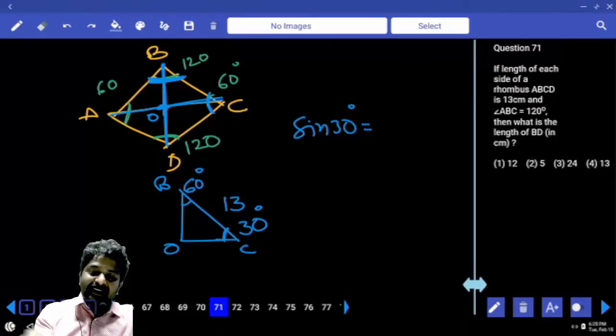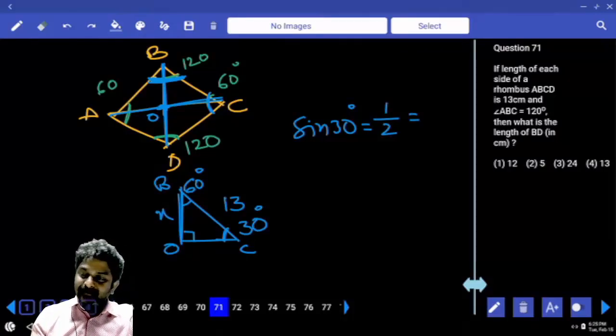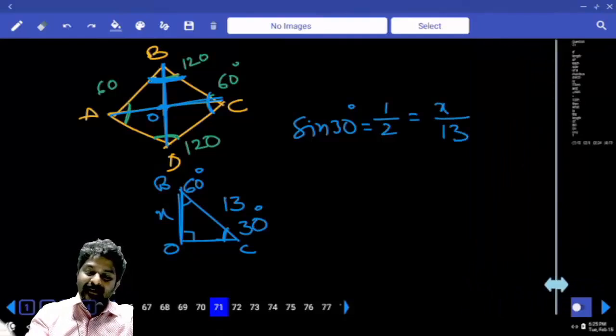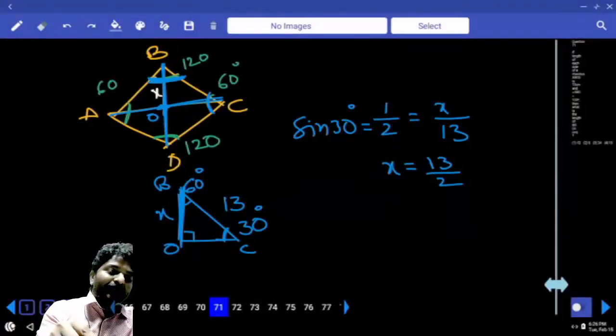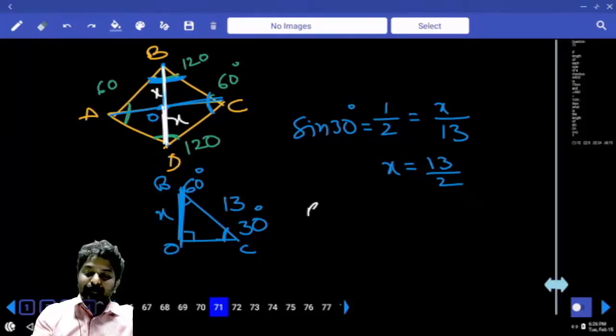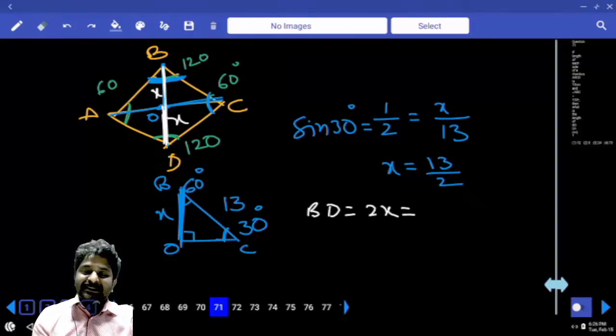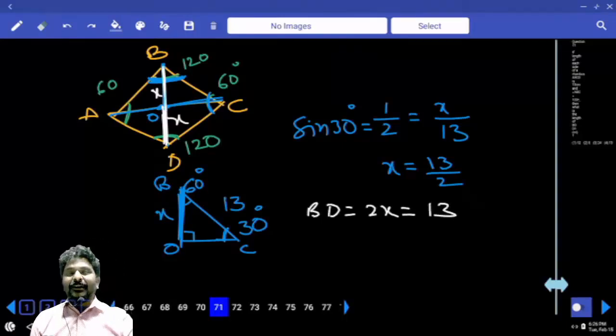Sine 30 is equal to, this is 90 degrees. Sine 30, how much is that? 1 by 2, which is equal to BO, x, by hypotenuse 13. From this x is equal to 13 by 2. BO is treated as x. If this is x, BO is equal to x. OD also must be equal to x, right? Then BD is equal to 2x, where you know x is equal to 13 by 2. Then 2x must be equal to 13.